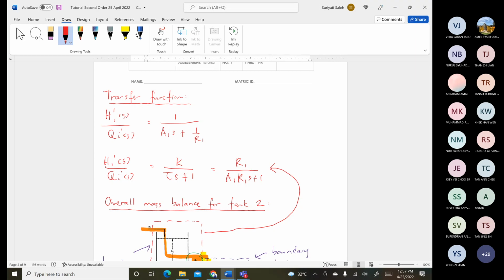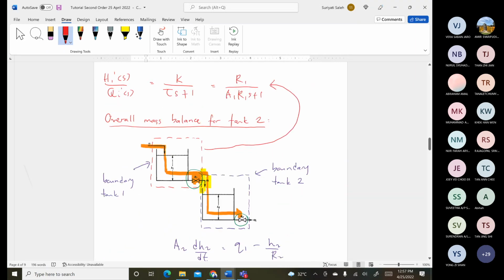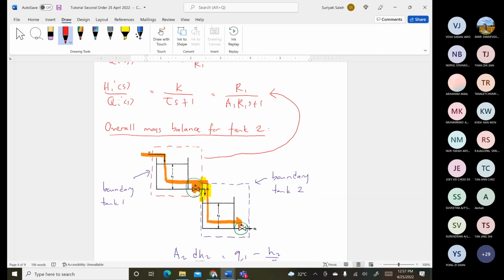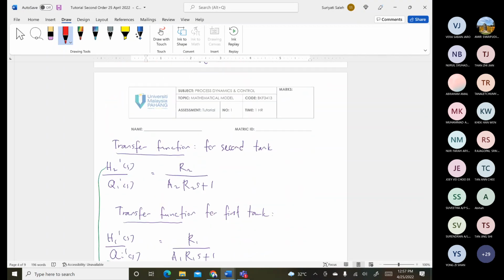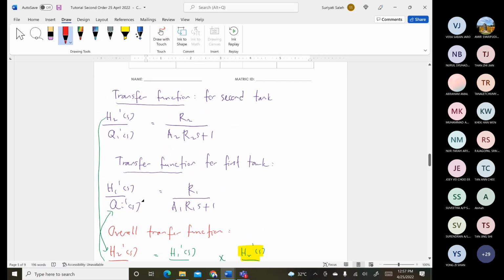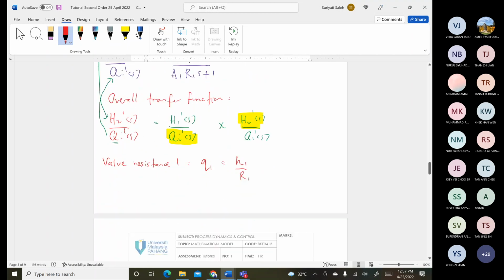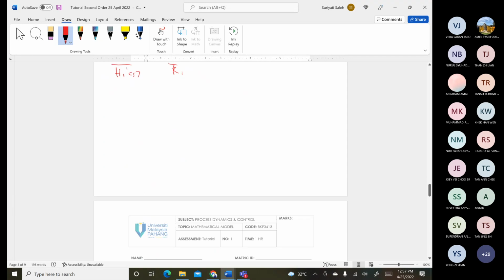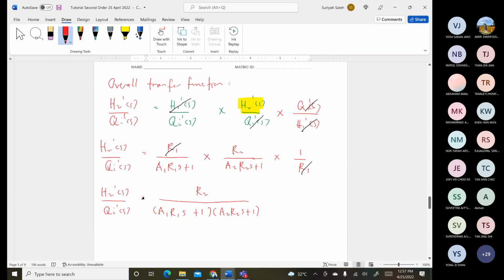If we combine both, you can see two first order transfer functions, and when we rearrange, it becomes a second order transfer function.